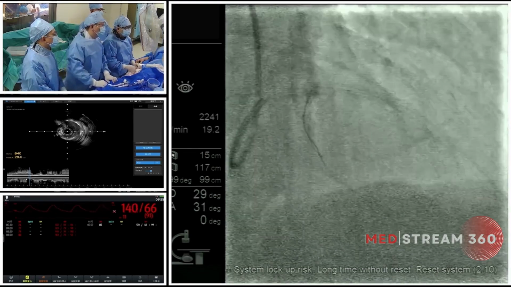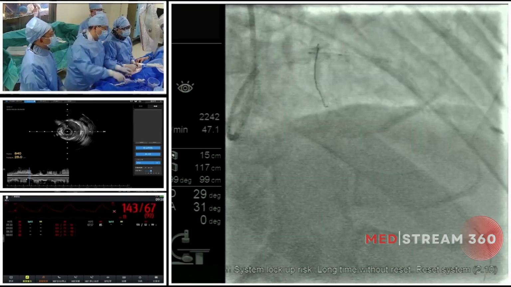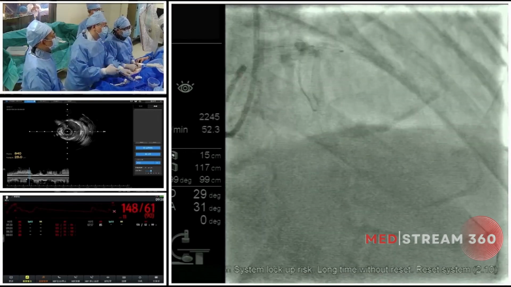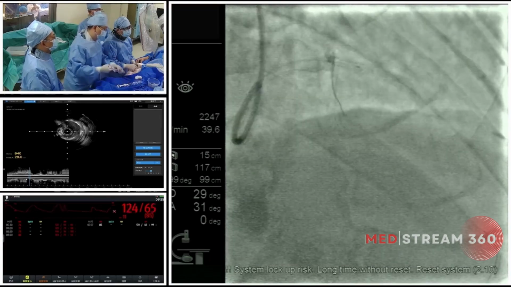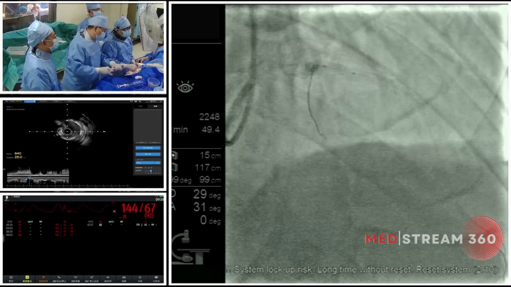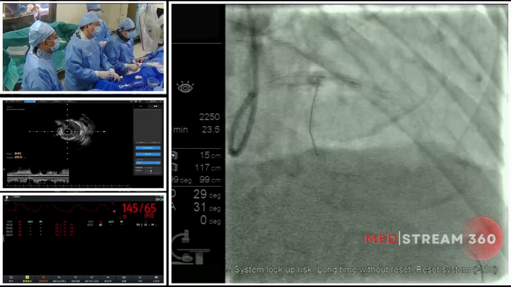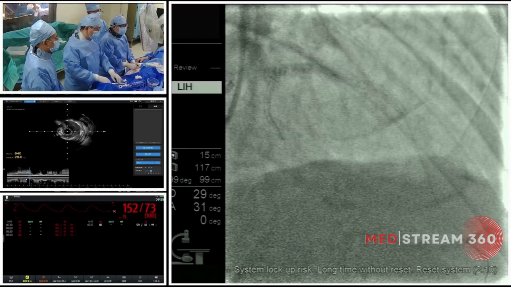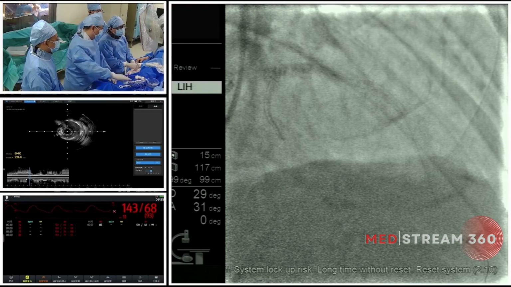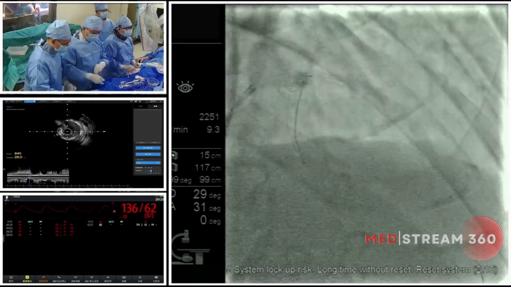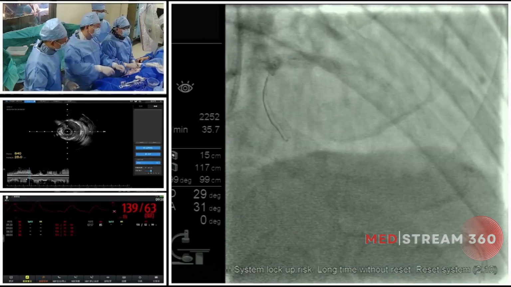It's kind of hard to manipulate the wire, the tip of the wire. Maybe need a reshape. No, it's okay. A fine branch.